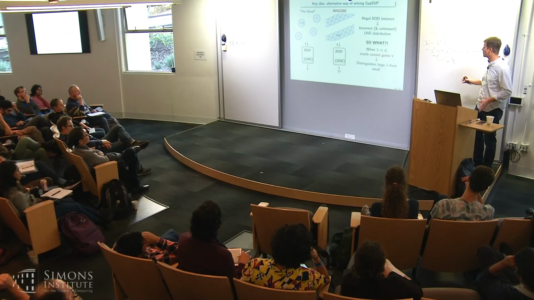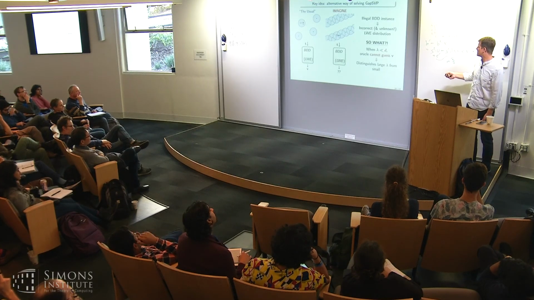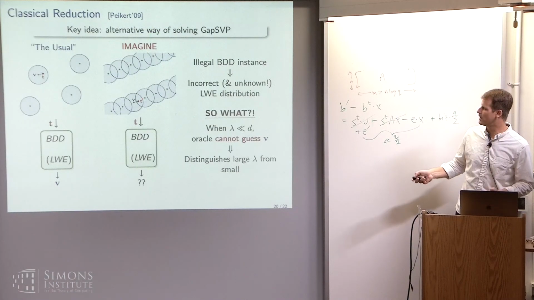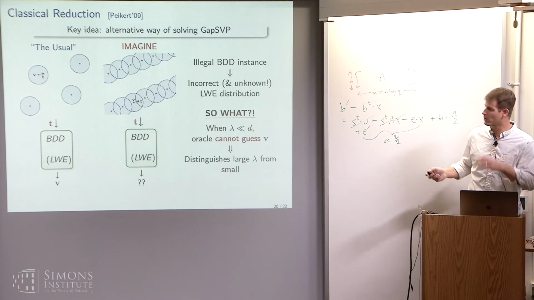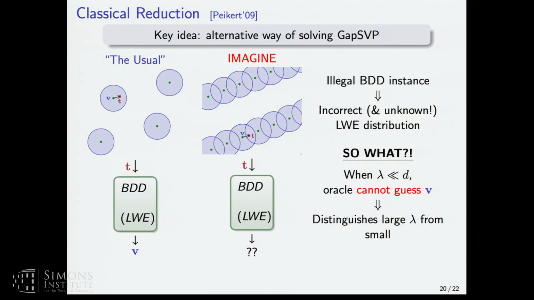Who cares? The point is that if your minimum distance is much less than D, the oracle simply cannot guess the original vector. There's some ambiguity about where you started. Did you start here, or did you start here to get T?